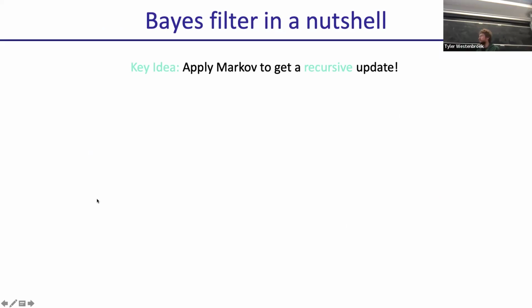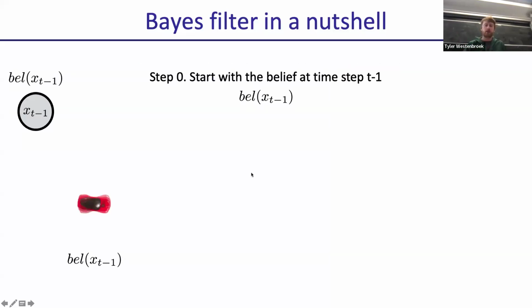The idea is we're going to apply our Markov assumption and our models for the dynamics and our models for the observations to try to come up with sensible estimates for a distribution of how our states evolve over time.